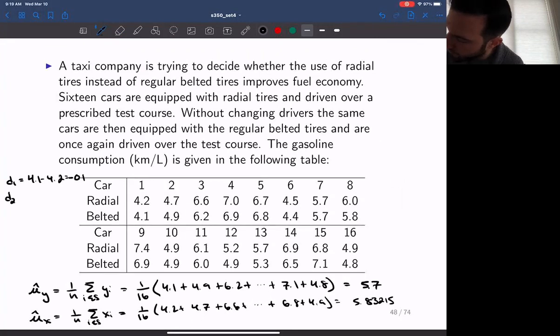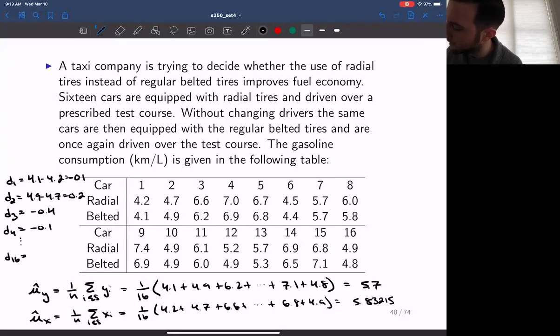Right, d2 would be 4.9 minus 4.7, which is 0.2. D3 would be negative 0.4. D4 would be negative 0.1, all the way up to d16, which would be negative 0.1.